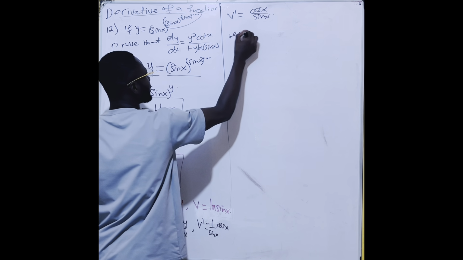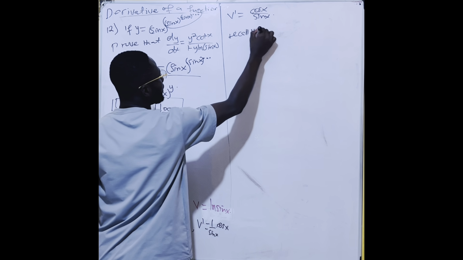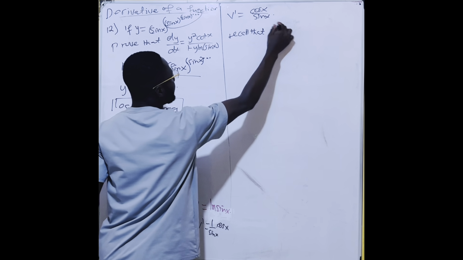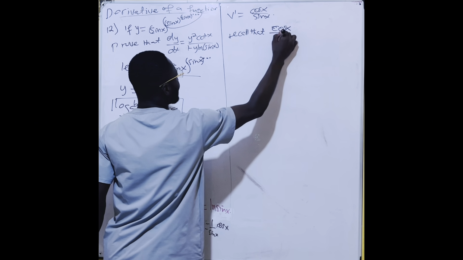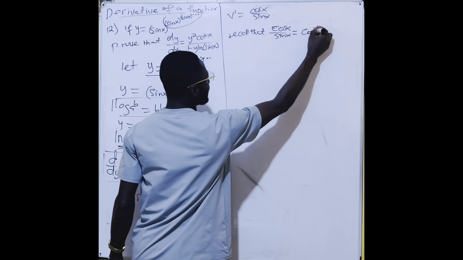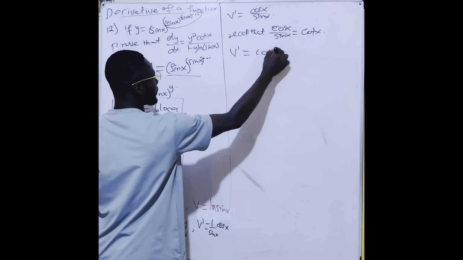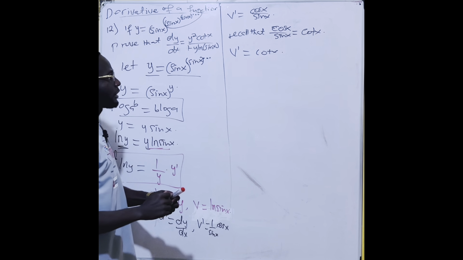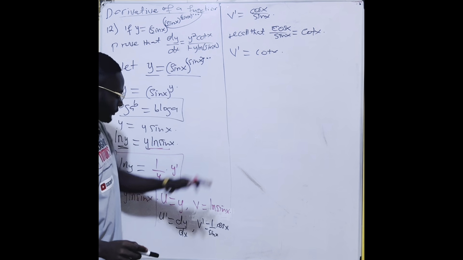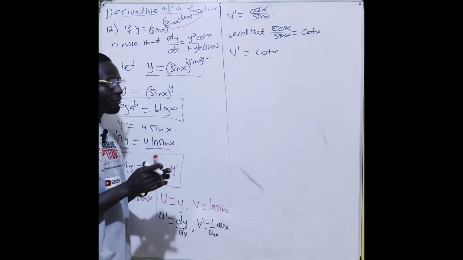And recall that cos x over sine x is equal to cot x, right? So our v prime is cot x. Okay, so once we have v prime, u prime, v, and u, then we apply the formula.